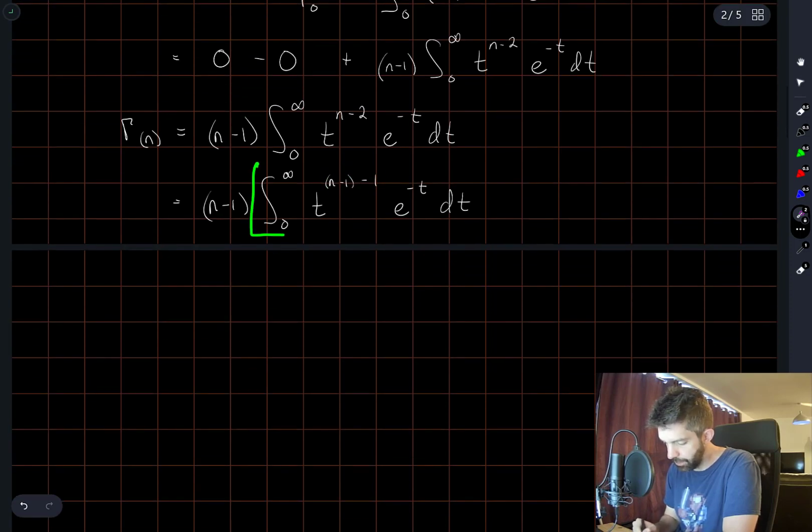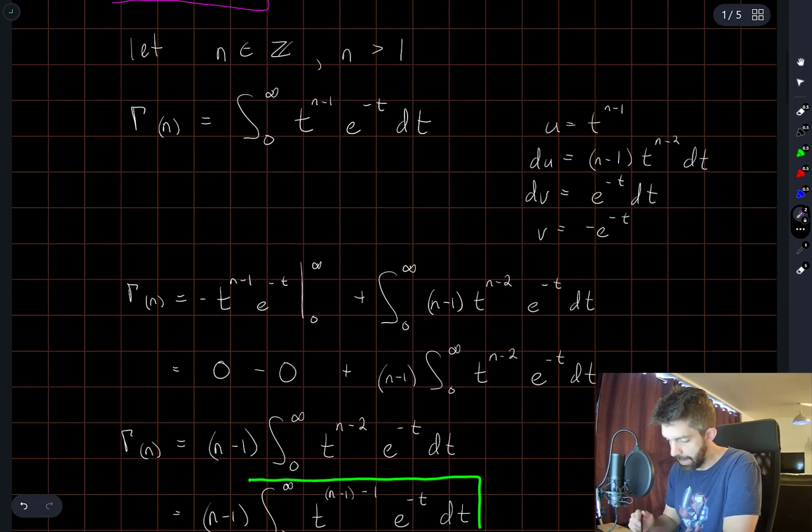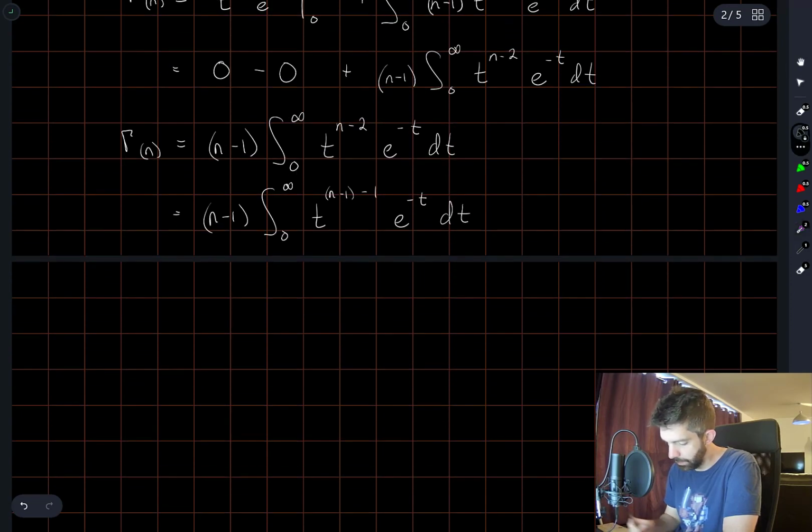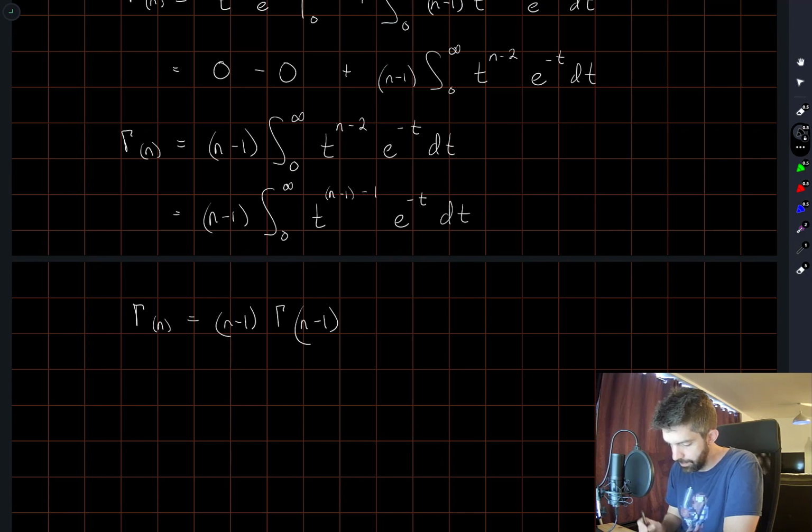But then if I look at this entire integral and compare it with the definition of the gamma function, it is identical to what's written here, except that this n has been replaced with an n minus 1. So what I have is gamma n is equal to n minus 1 times the gamma function evaluated at n minus 1.